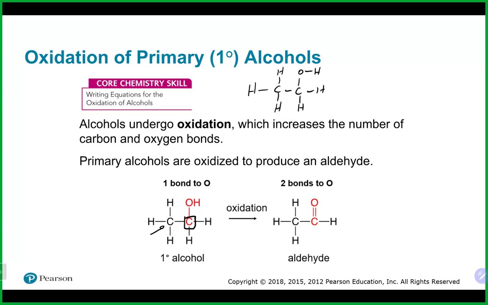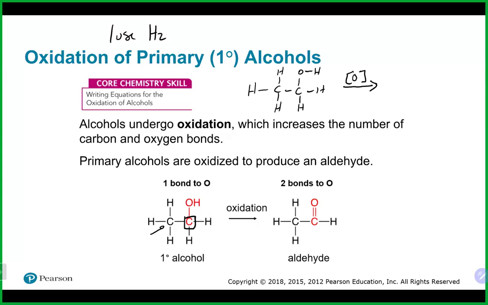What's going to happen in this case is we're going to go through oxidation, and sometimes oxidation is abbreviated with a little O in a box, or some parentheses or brackets, and that means oxidation. The definition of oxidation here is we're going to lose H2. So where do we lose H2?